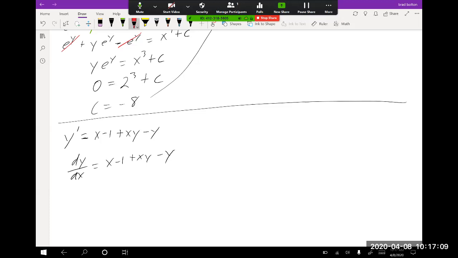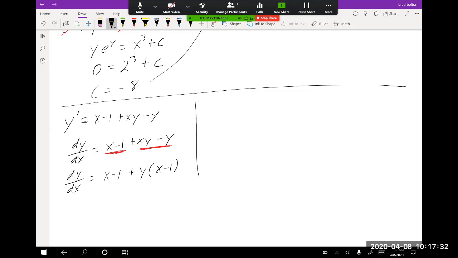So what I'm going to do is look at these two terms and these two terms. I remember that when you have 4 terms, you can try factoring by grouping. So I'm going to try grouping. Now they both have a y in common, and that's going to leave me with an x minus 1.